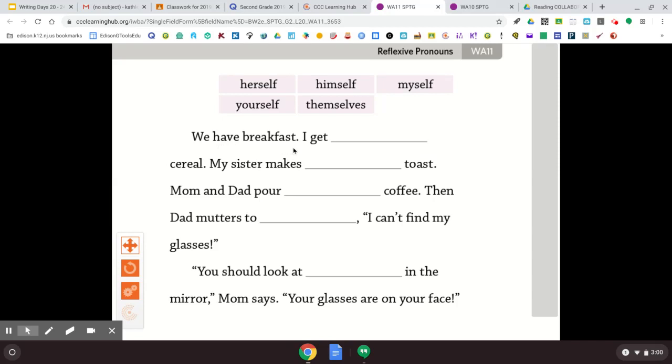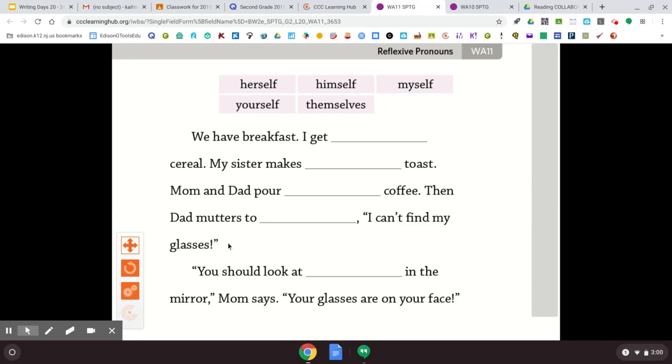We have breakfast. I get blank cereal. My sister makes blank toast. Mom and Dad pour blank coffee. Then Dad mutters to blank, I can't find my glasses. You should look at blank in the mirror, Mom says. Your glasses are on your face.